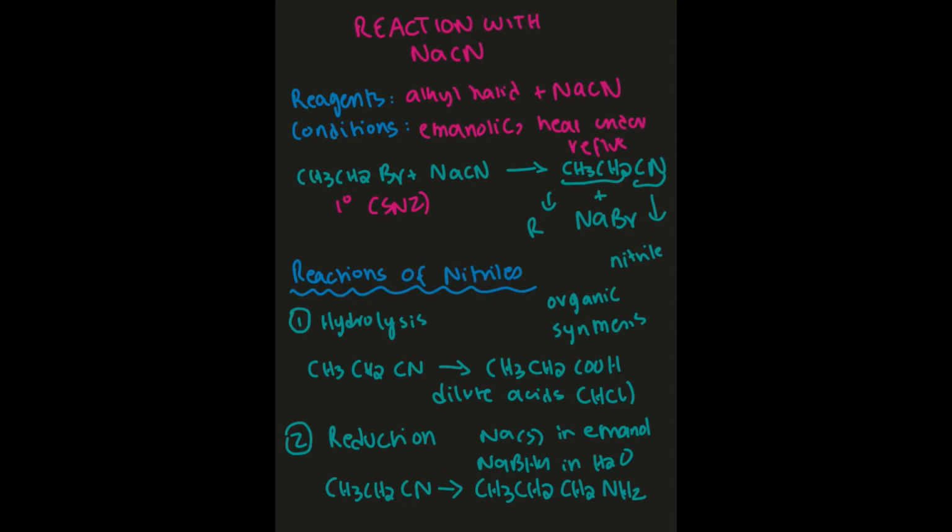So after using your reducing agent, since reduction is addition of hydrogen, 2 H's are going to be added to this carbon and 2 H's are going to be added to this nitrogen. Since the other groups already have hydrogen attached to them, they're going to remain unchanged. So this was the reaction with NaCN and the reactions of nitriles, which are the product of this reaction.